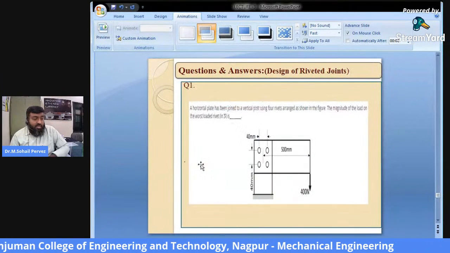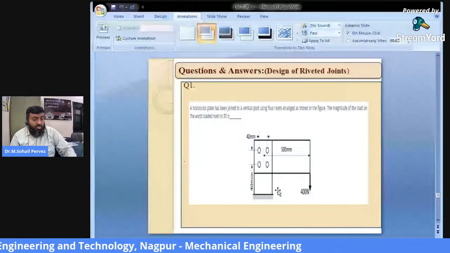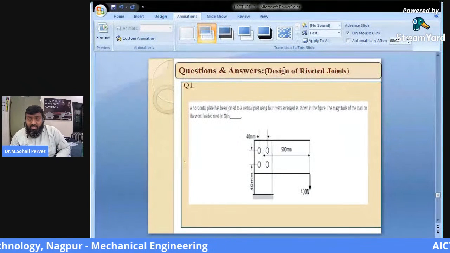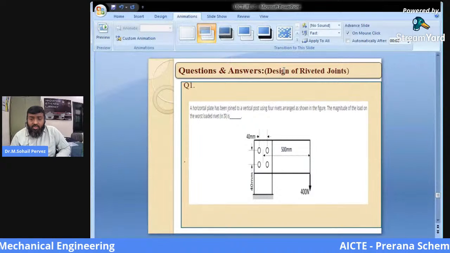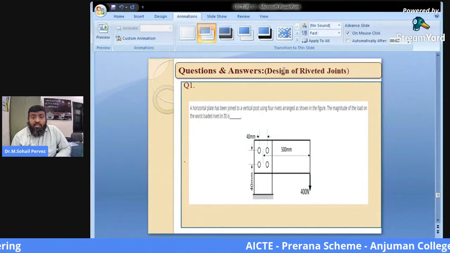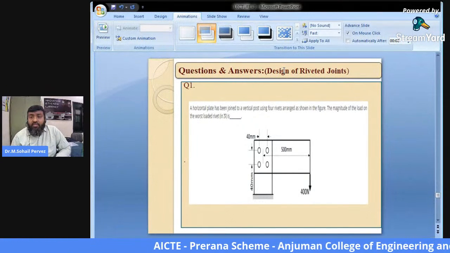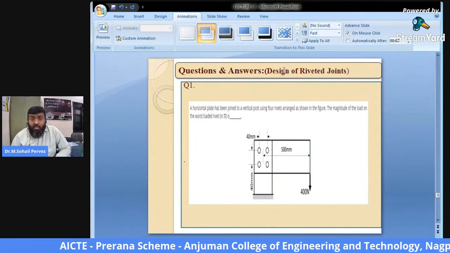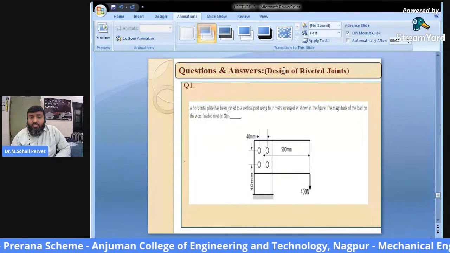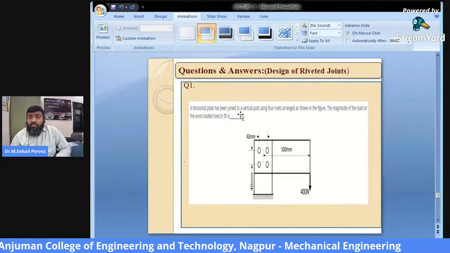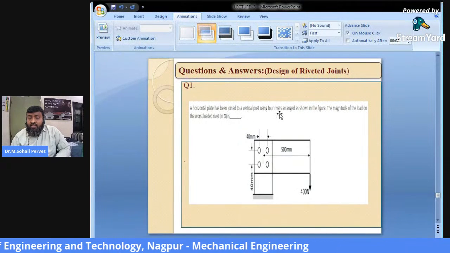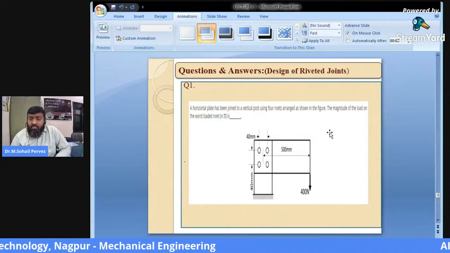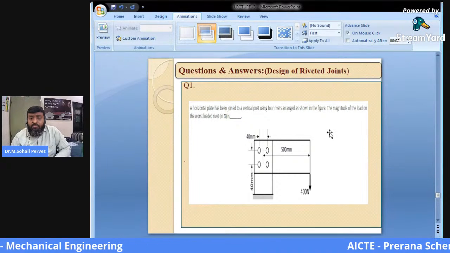Now, since in this topic we have covered both design of riveted joints earlier and then welded joint, let us see an example on riveted joints also. A horizontal plate has been joined to a vertical post using 4 rivets. This has been asked in the GATE examination, so we will solve this.